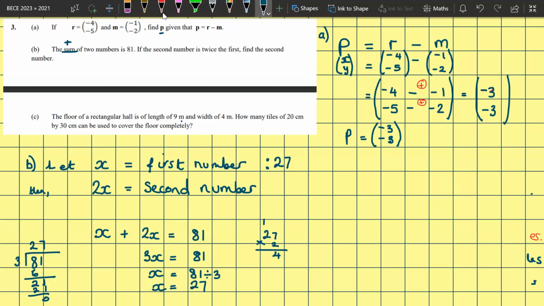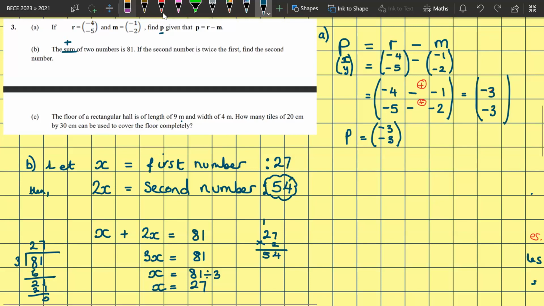Carry the 1. 2 times 2 is 4. 4 plus 1 is 5. So my second number is 54. Okay, and that's the solution to part B.